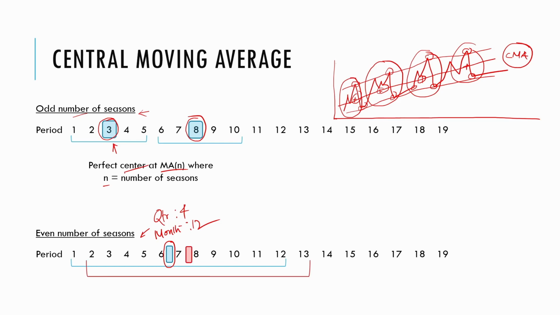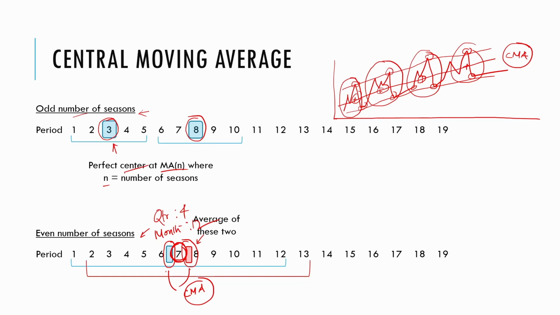So the method is, you go for the next set of 12 numbers, that means 2 to 13, and then take the average. Then it will fall between 7 and 8, so that will be 7.5. After that, you take the average of these two, so it will fall exactly at this center, and you can write that number, which will be your central moving average at the 7th position.